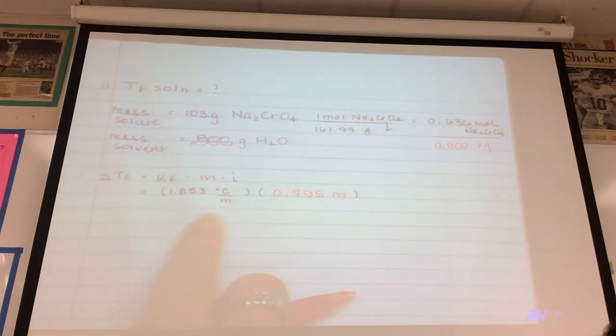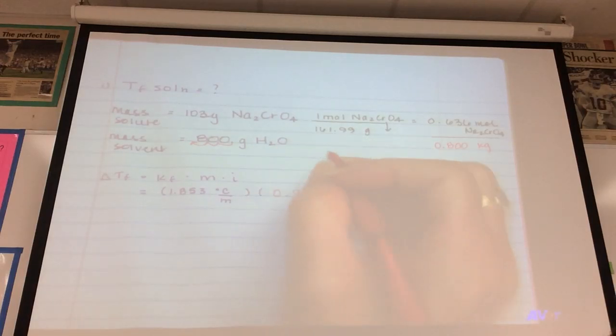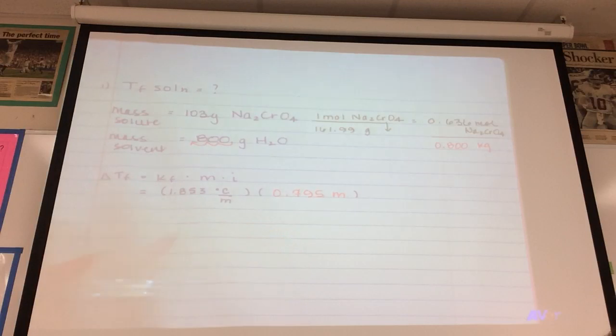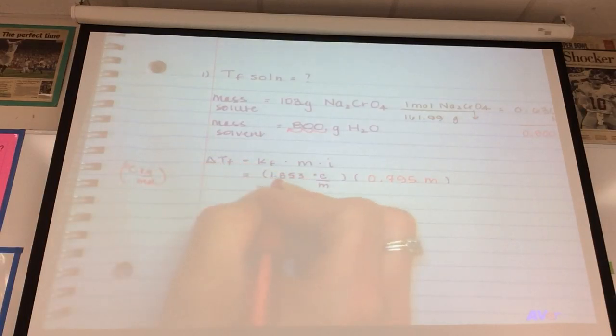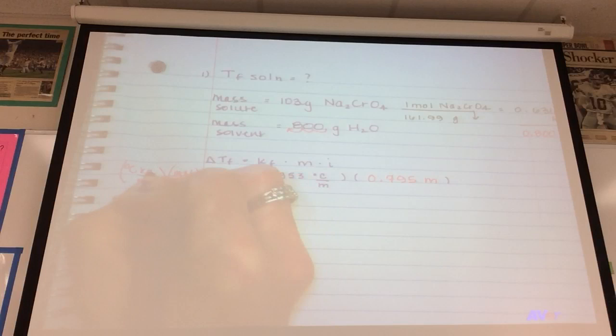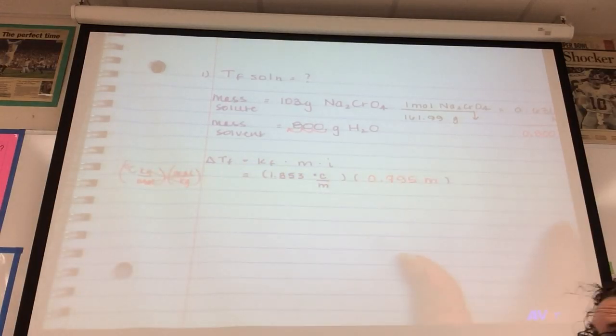If you're not comfortable doing this, you can do it like this. That'd be the unit for KF, and you can use the unit for molality and cancel. Or you can just do as I did here and cancel the mole out, if you will. Whatever's easier for you, same result.